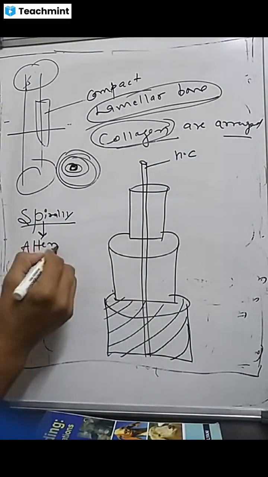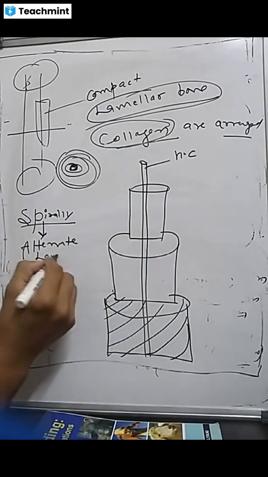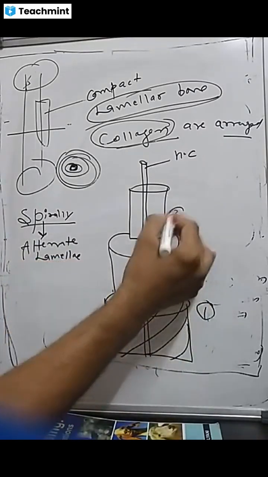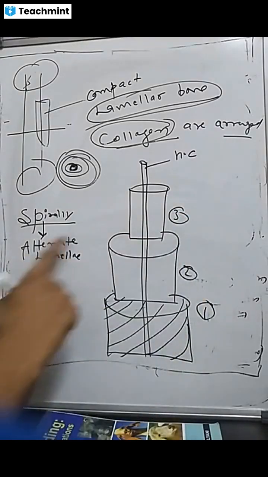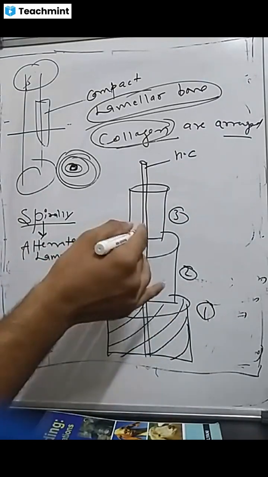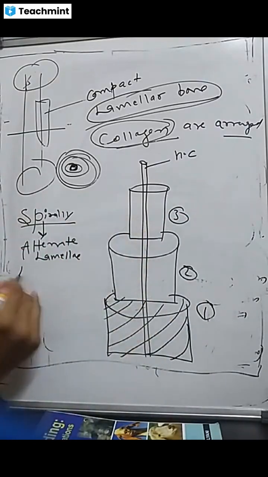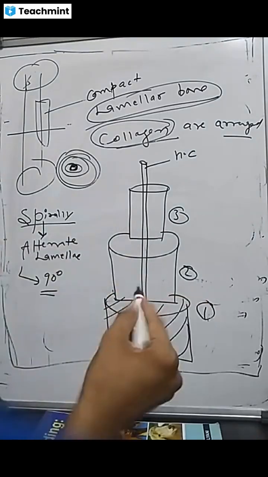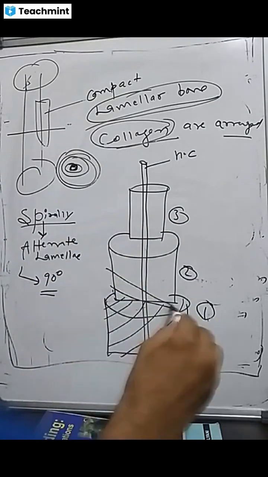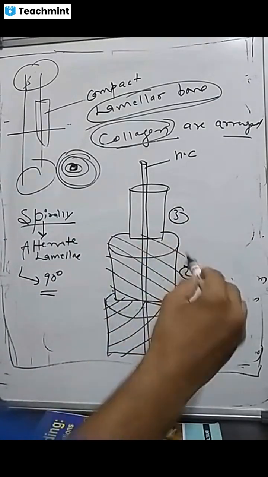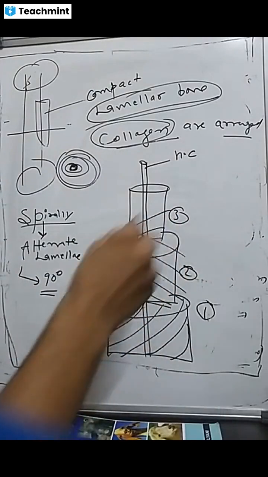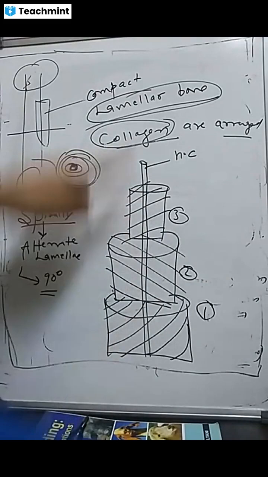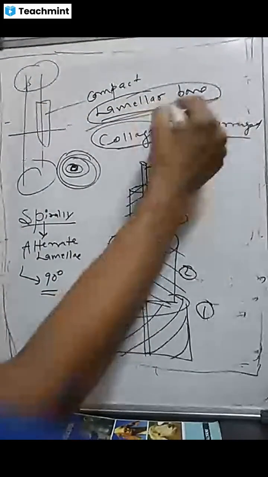But if you look at the alternate lamella, the second or third, in the alternate lamella the direction changes by 90 degrees. Then they are like this. So this is what is called lamellar bone.